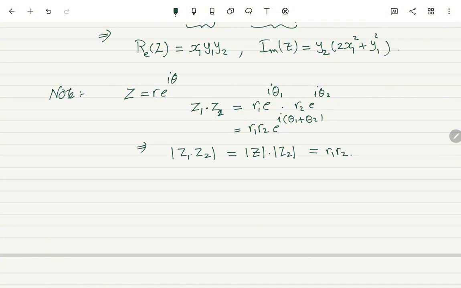Unlike the addition, the magnitude of z1 plus z2 is not equal to the magnitude of z1 plus the magnitude of z2. In multiplication, the situation is quite different.